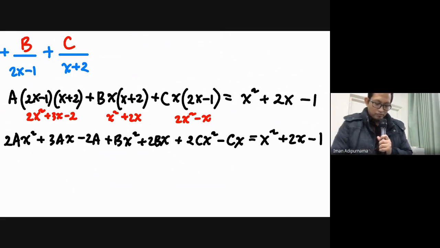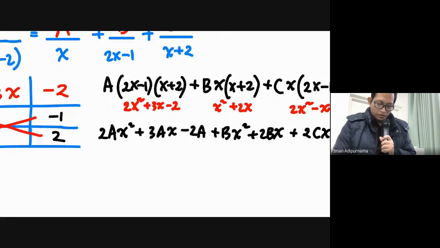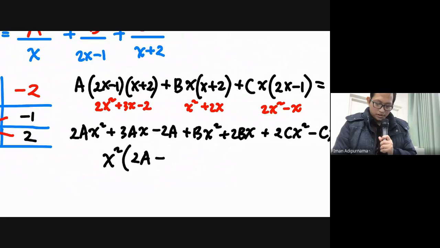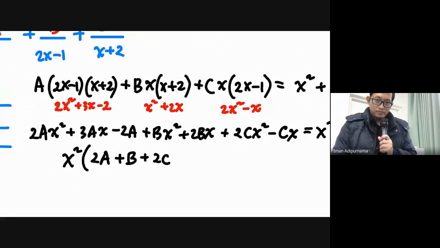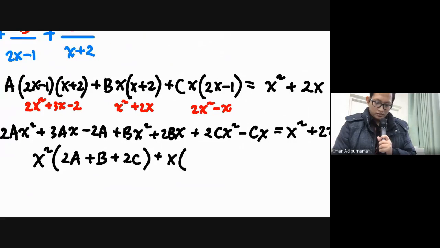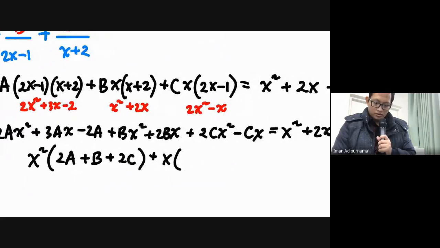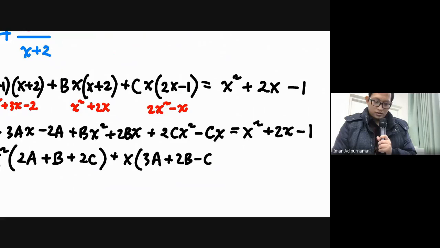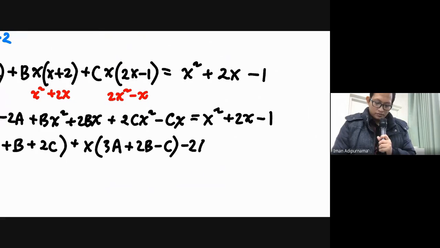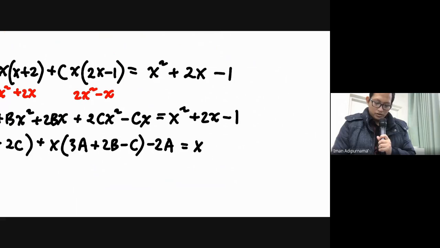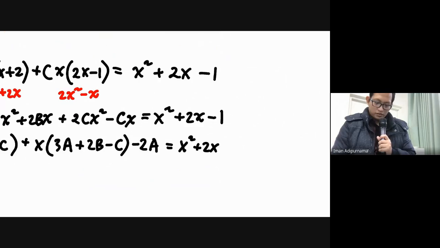Okay. Now we are grouping: the x squared is 2a plus b plus 2c. And plus the x is 3a plus 2b minus c. And the only constant is negative 2a. So it should be equal to 0.